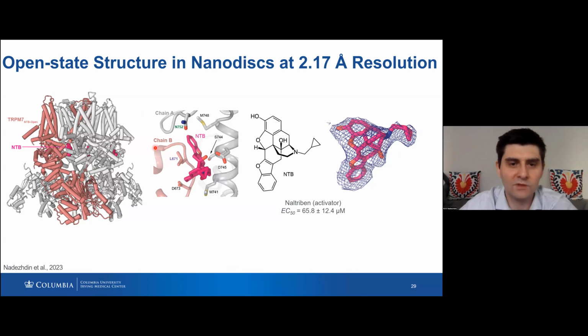And what we see naltriben does is actually glue two subunits together. So this is one subunit that is colored in gray, and this is another subunit colored in pink. And actually, naltriben works as the glue. It pulls two subunits closer to each other, because without naltriben, they are really far apart, like several angstroms apart from each other.